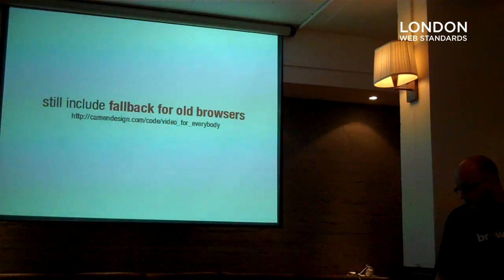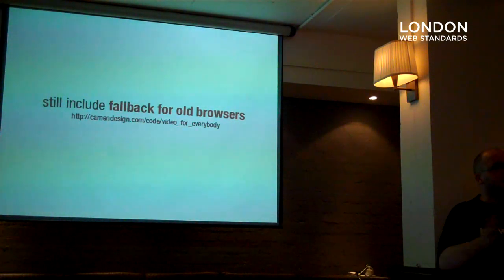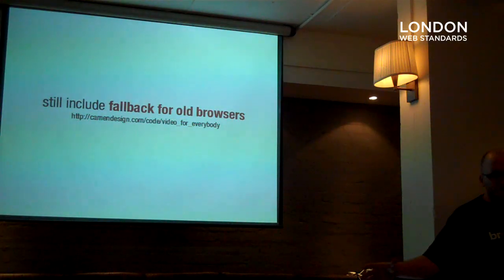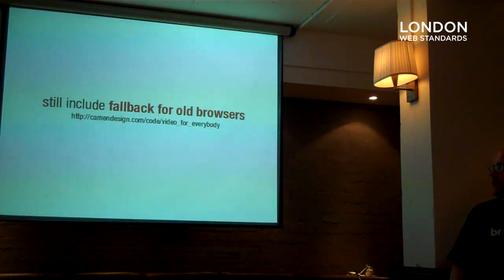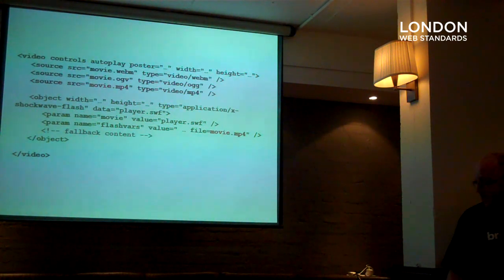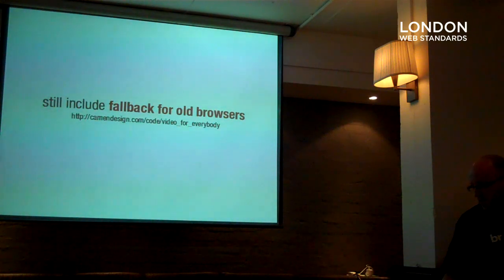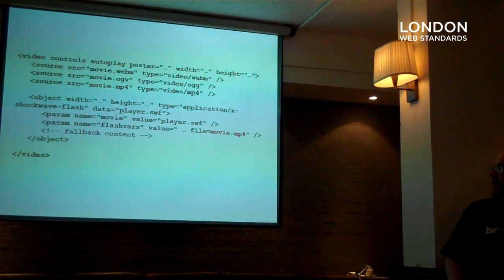And there's actually a way, using the fallback itself, to cater for both modern browsers that can do native video playback and also provide at least a basic Flash-based video playback for older browsers that don't support it. So there's, on that URL, Video for Everybody. A guy called Kroc Camen came up with a mad idea.